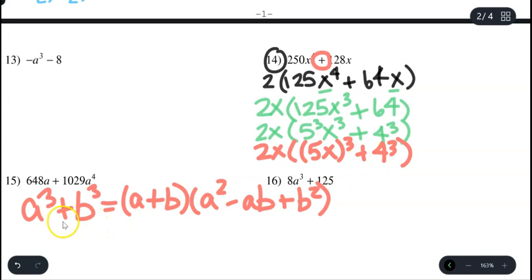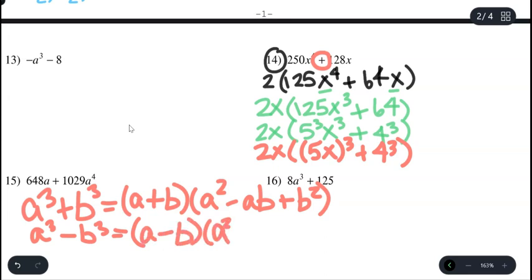Now, the only difference between a sum of cubes and a difference of cubes, just to give you a reference, is that if I do A cubed minus B cubed, the framework pretty much stays the same except you have a couple of sign changes. That's the addition and subtraction pieces in the binomial factor and the trinomial factor.